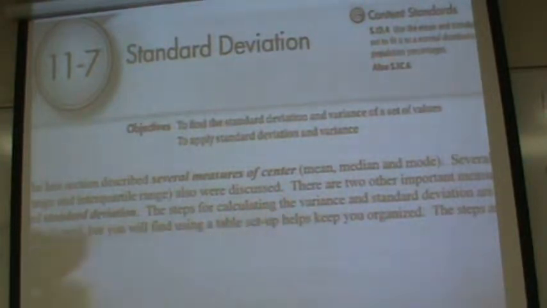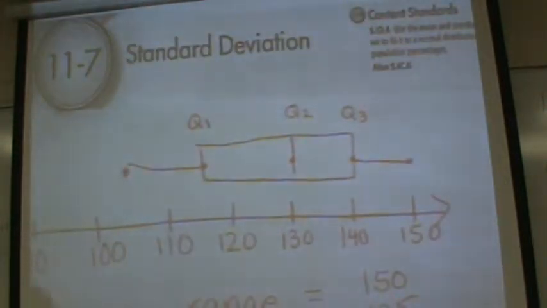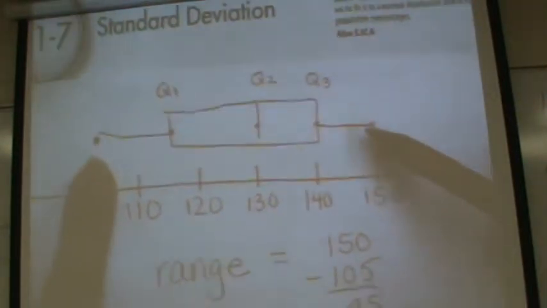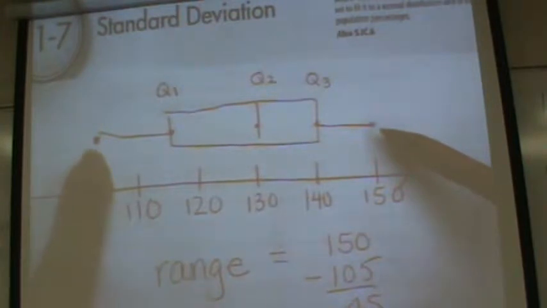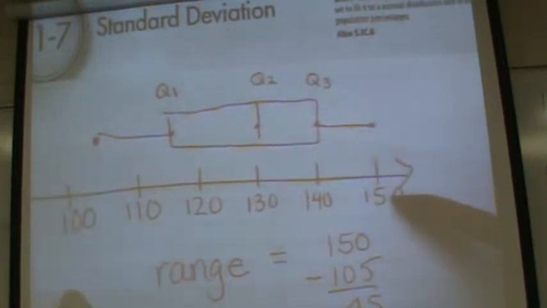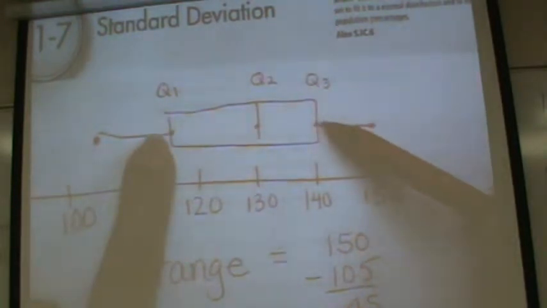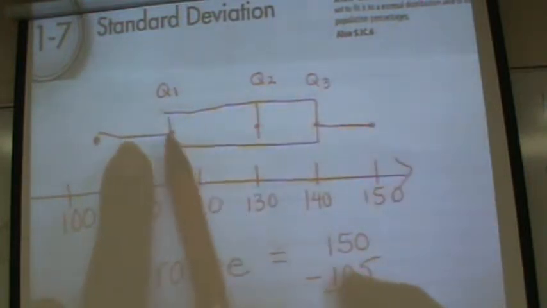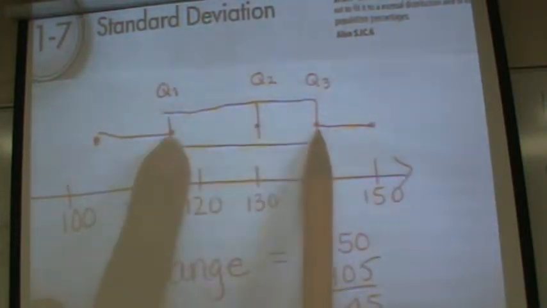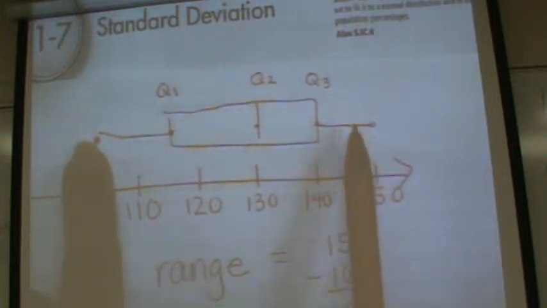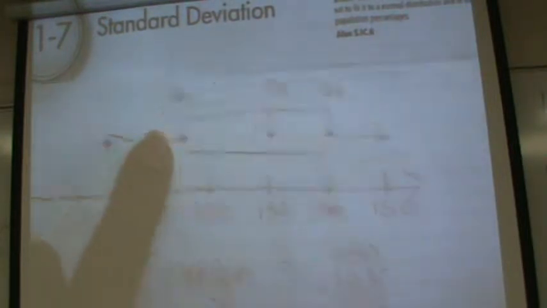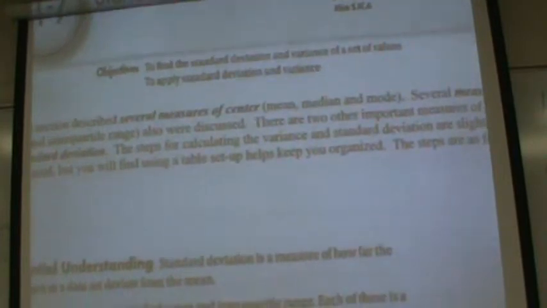Yesterday we talked about the 2 spread measures: range, which is the difference from the highest to the lowest, and the interquartile range, which is the difference of the Q3 and Q1. Those are called measures of spread.